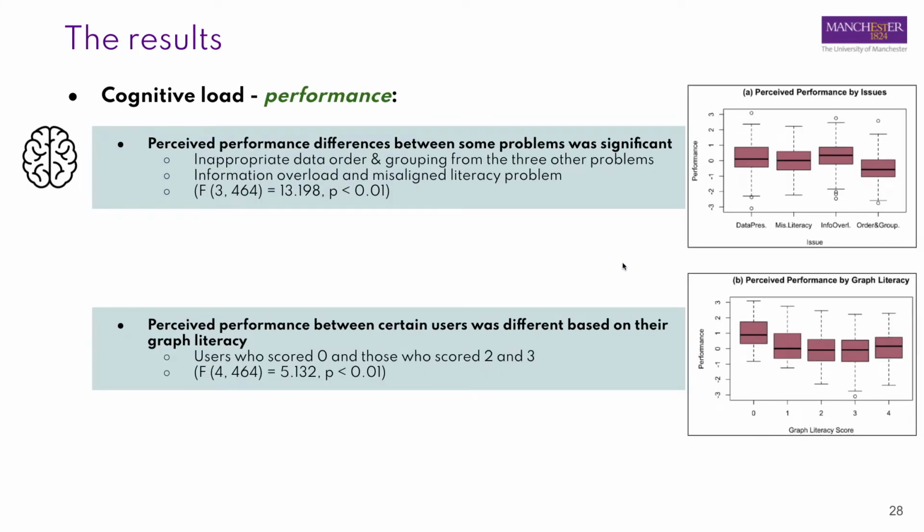For the perceived performance, we found significant differences between how participants viewed their performance on some problems as compared to others. For example, between information overload and misaligned visual literacy. We also found significant differences between those who scored 0 and those who scored 2 and 3. So those who scored 0 perceived their performance higher than the other two groups.